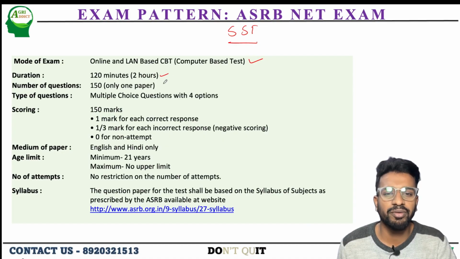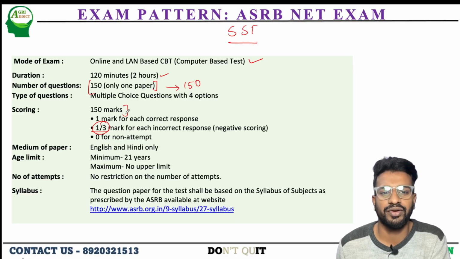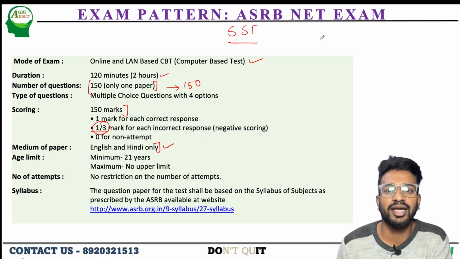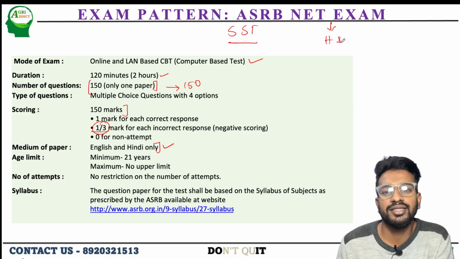There will be one paper consisting of a total of 150 questions, and the marks will be a total of 150, where each correct response gets 1 mark and each wrong response deducts 1/3 mark. The medium of this paper will be both English and Hindi. Make sure to note it.